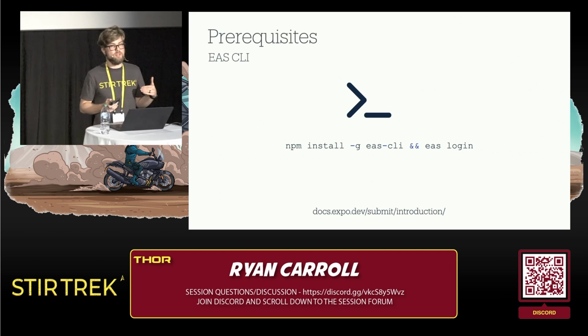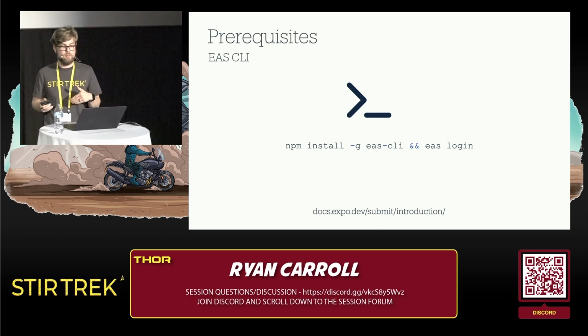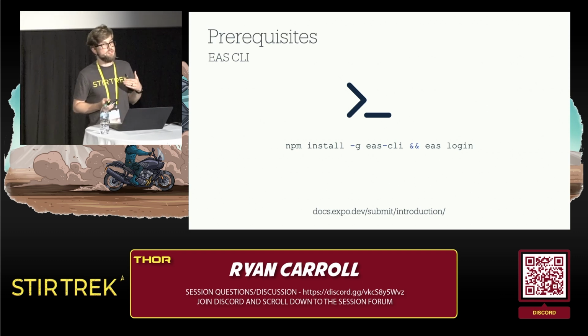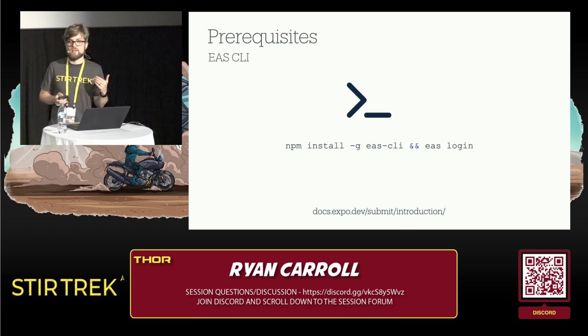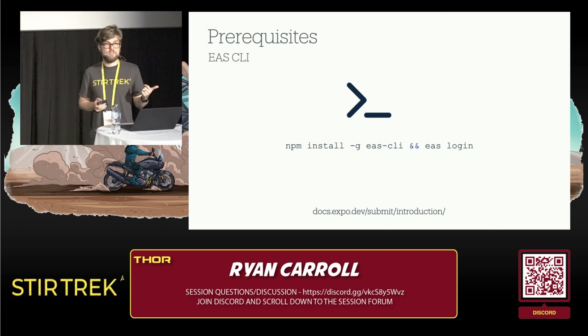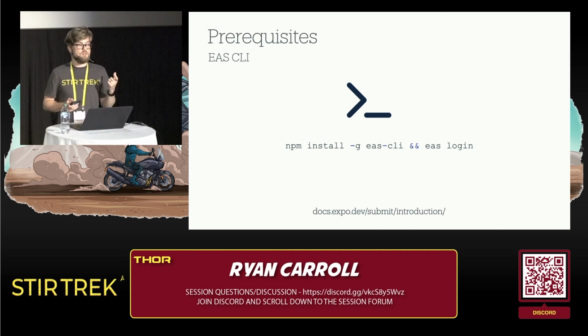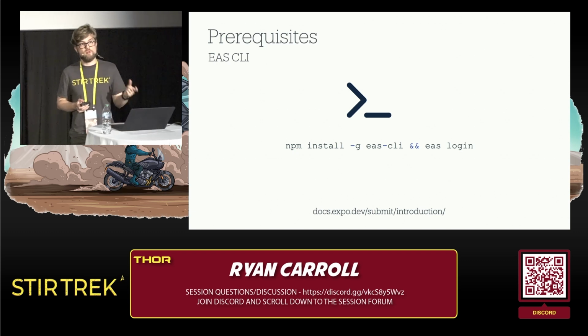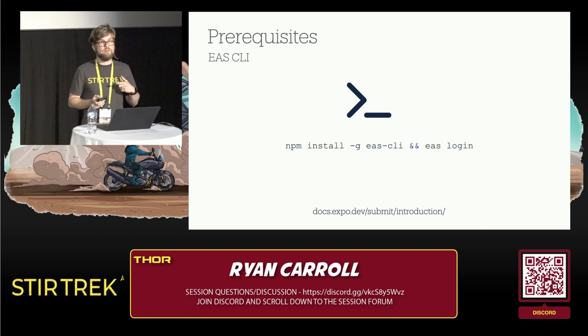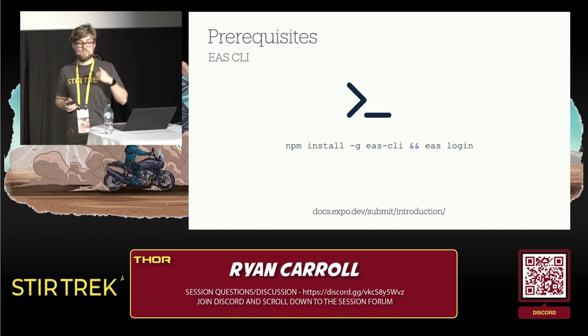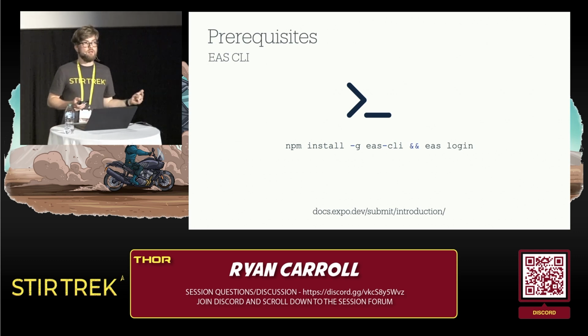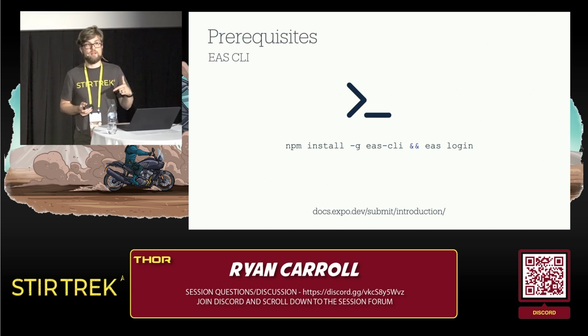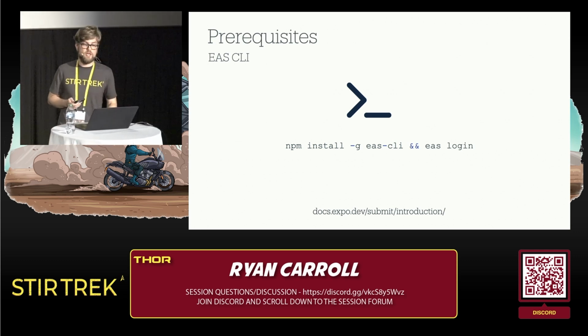Another prerequisite on the technical side for a moment is the EAS CLI. EAS stands for Expo Application Services. This is the CLI tool that you're going to use to build your binary package that will then be uploaded to the App Store. So after you do your development, you're going to use this CLI to actually build that package and ship it.